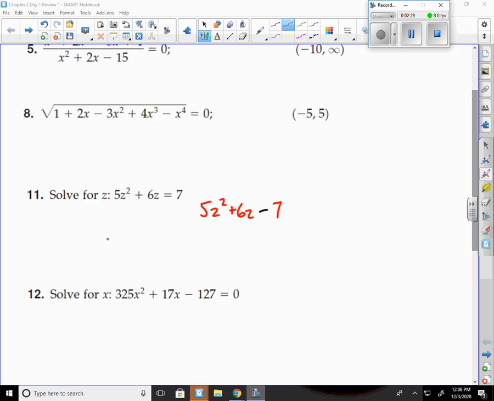So that's negative b, so negative 6 plus or minus the square root of b squared, which is 6 squared, minus 4 times a, that's 5, times c, which is negative 7. And that's all over 2 times 5.